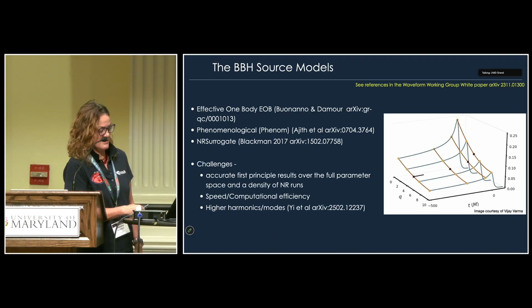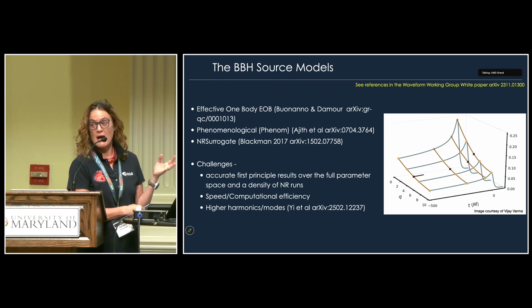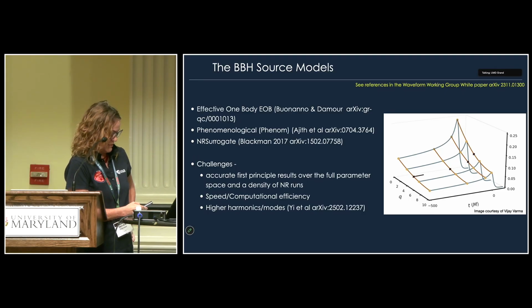And surrogates are also something Alvin mentioned, which are an interesting approach of grabbing the numerical relativity waveforms, which are problematic because they are discrete, and turning them into a proper template space where you can interpolate between them by doing very good interpolation. So this plot is from Vijay Varma's website. If you haven't seen his website, he has some beautiful movies there showing the surrogate approach.